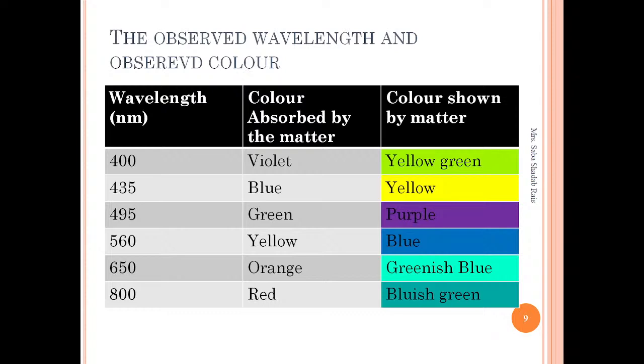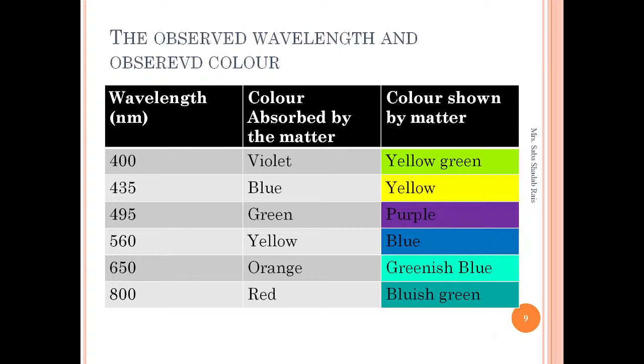Students at the MSc level still don't know which particular wavelength they have to take the OD at. Many times it happens that an examiner intentionally asks in viva, your substance is so and so color, so at which nanometer are you going to measure it, and they forget and are not able to answer. So I just want, there are hardly seven colors here, you need to remember the seven colors and their respective wavelengths.